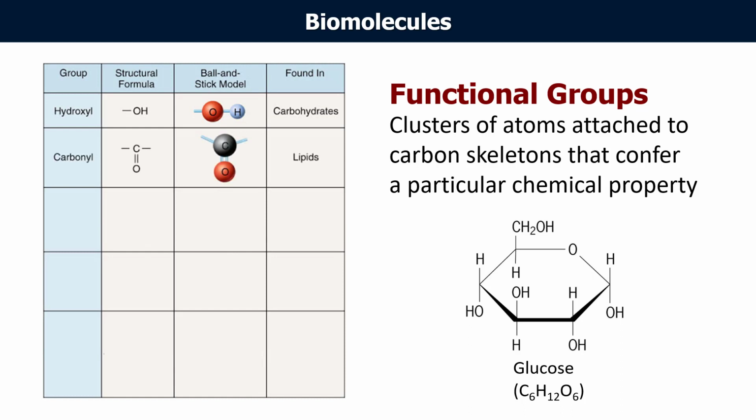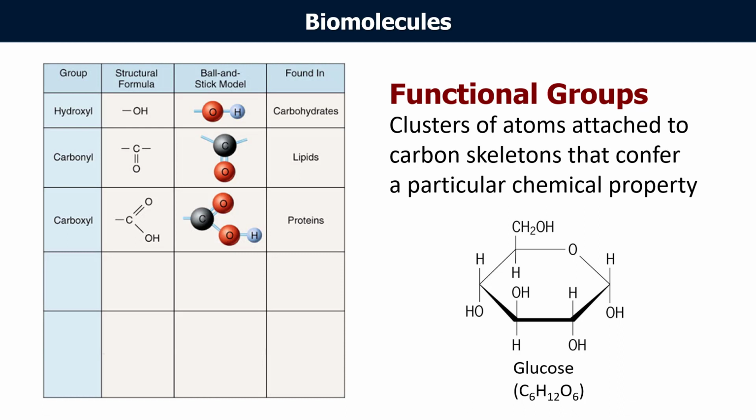Another one is called the carbonyl group. This is where you've got a carbon double bonded to an oxygen somewhere in the molecule. And we will see later that the carbonyl group shows up in lipids. Another one that's going to be very important is the carboxyl group. You can see what it looks like here. We've got a carbon double bonded to an oxygen, so at first it looks a little bit like a carbonyl, but in addition to that double bonded oxygen, it has a hydroxyl.